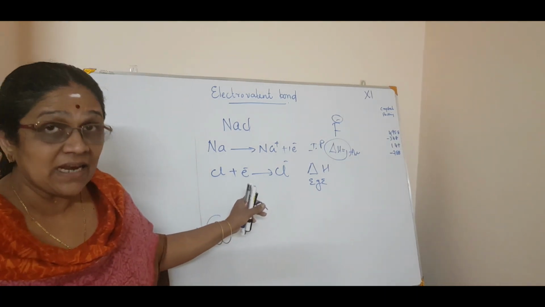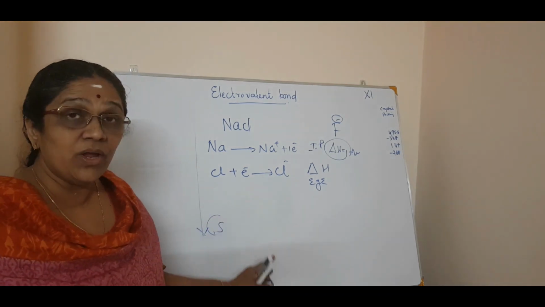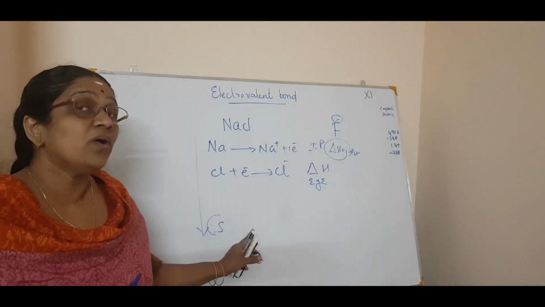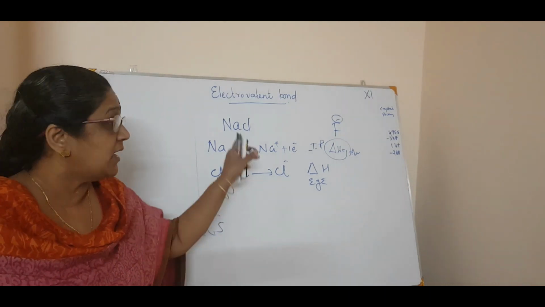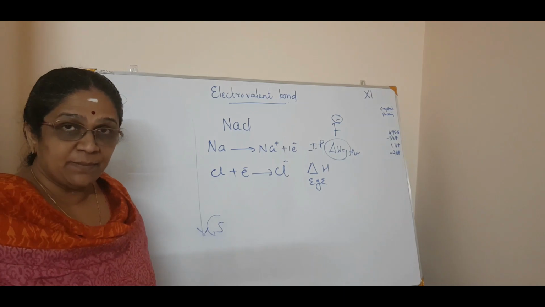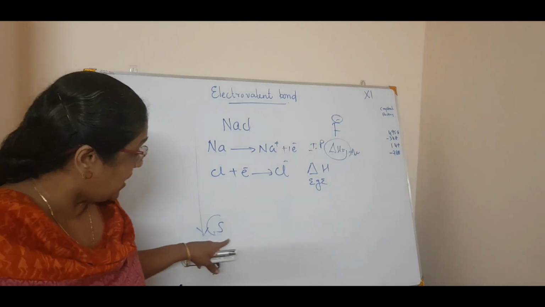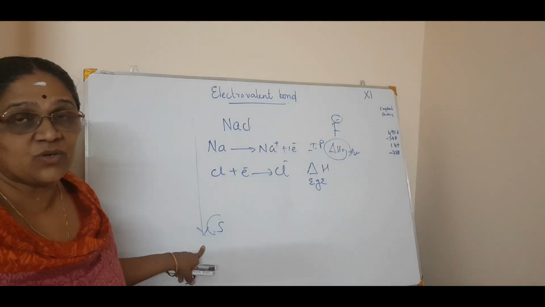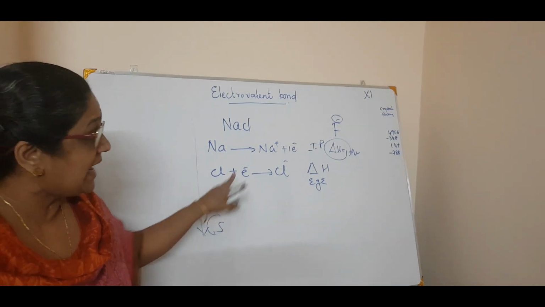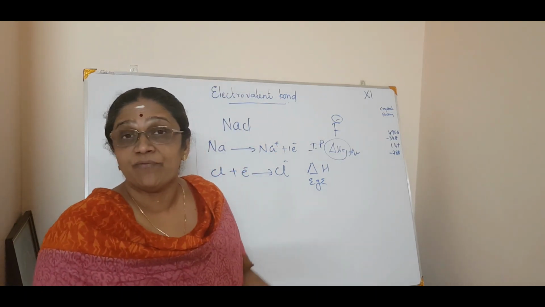Now, if that is the scenario, which is the strong electrovalent bond formed in this periodic table? All through the periodic table, the ionization potential is lowest for cesium, group 1. And the high negative electron gain enthalpy value will be fluorine.